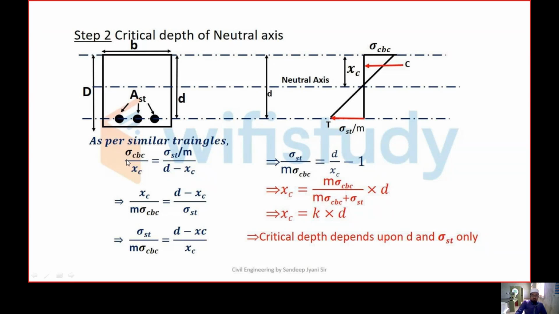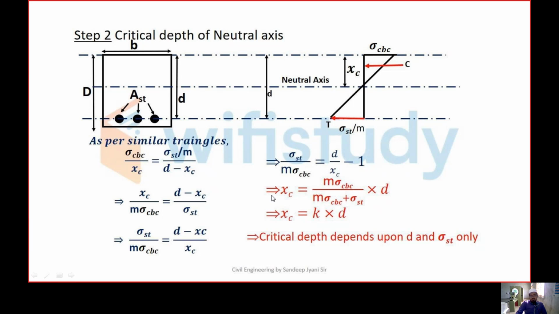lies. So the maximum tensile stress, here you can see sigma st by m, is the maximum tensile stress. And the remaining portion, excluding the XC, gives us the depth of the tensile zone.